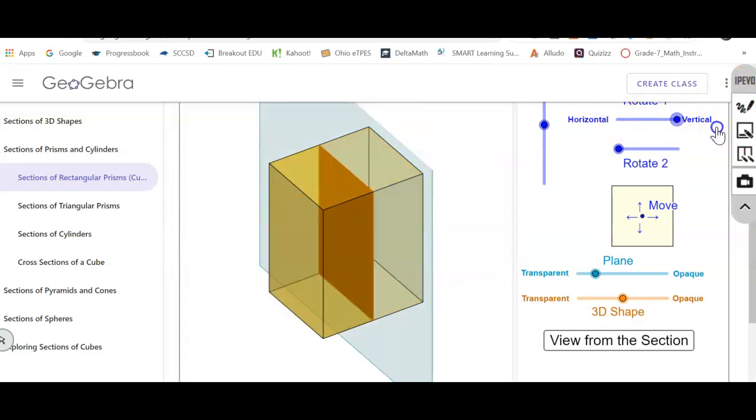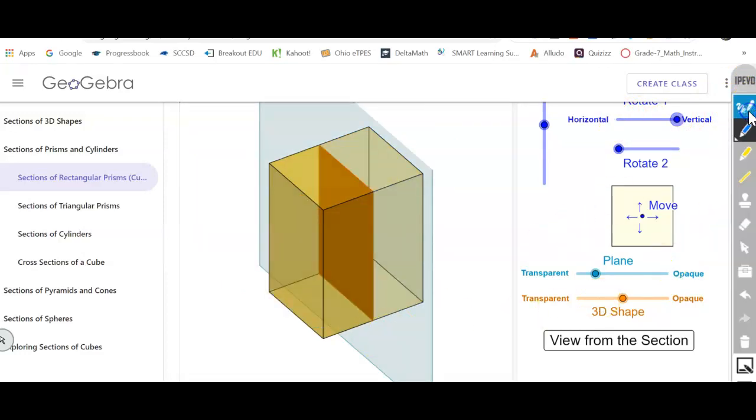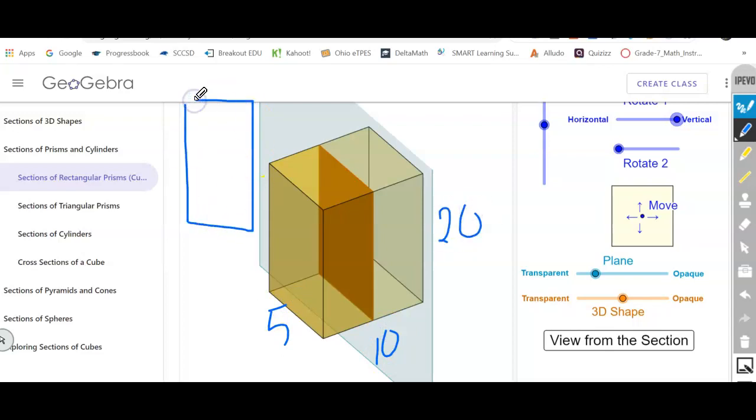So let's slice it vertically. Now, what did I say? 10, 5, and 20. So now what would the dimensions be of my slice? 5 and 20, right? 20 by 5.